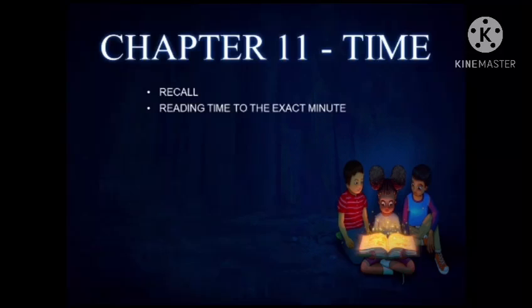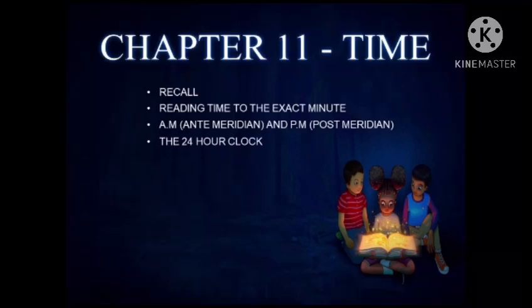We are going to read it with the exact minute, and AM and PM, ante-meridian and post-meridian. Then the 24 hours clock. In the clock it's only 12, so what is the 24 hours clock? Yes, let's learn in the coming topic.